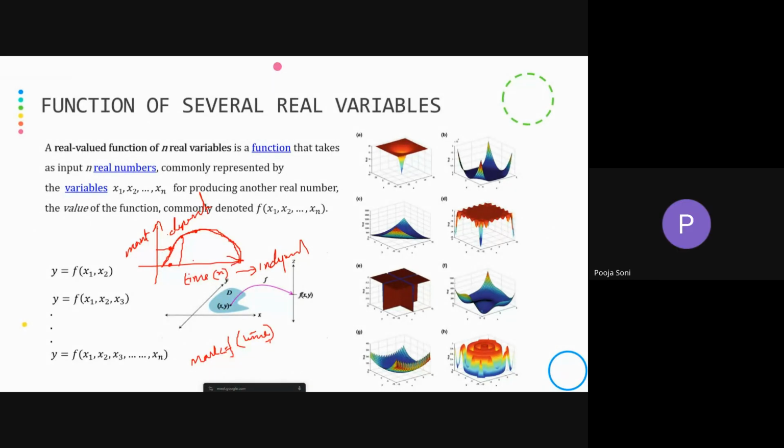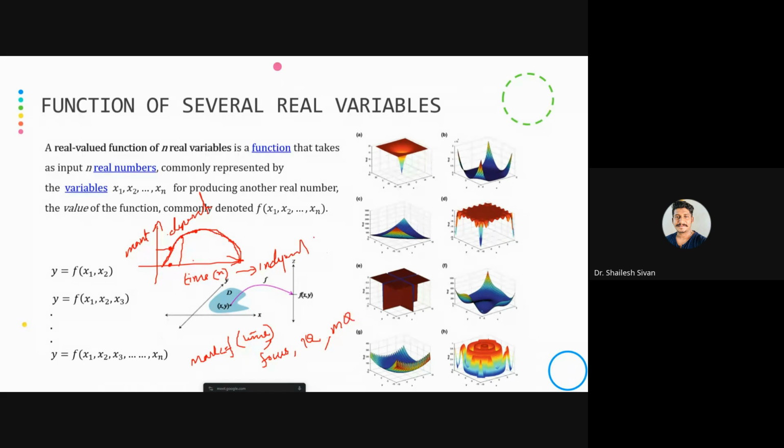But is the mark only depending on the time? Focus. Maybe if you represent focus as a parameter, it will depend on focus too. Knowledge about the subject, maybe we can call it IQ, or MQ, right?